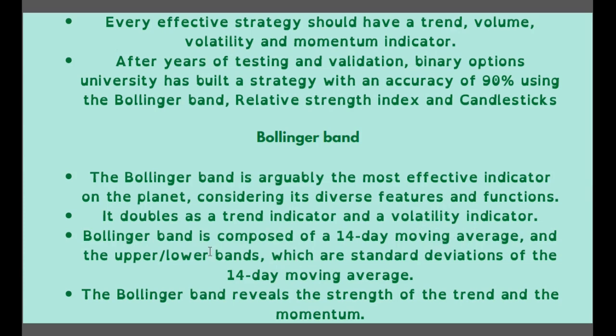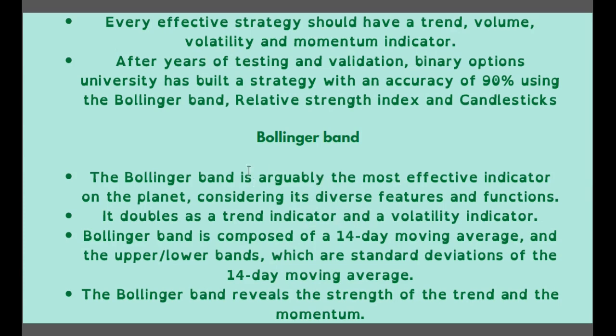The Bollinger Band is composed of a 14-day moving average and the upper and lower bands, which are standard deviations of the 14-day moving average. The Bollinger Band reveals the strength of the trend and the momentum.